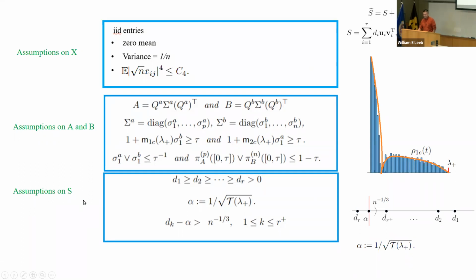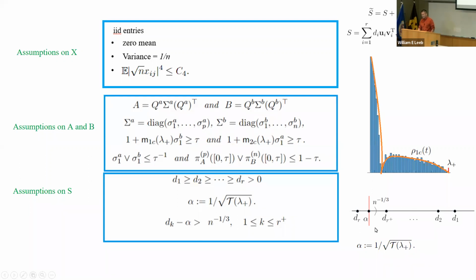We also have a more general assumption for the signal-only matrix S, which has singular values D1 to DR. And this is the threshold, which is determined by the D transform. We use the notation R plus, where D1 to DR plus are well larger than the threshold alpha, by a margin bigger than N to the minus 1 over 3.